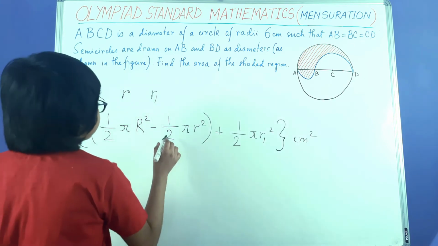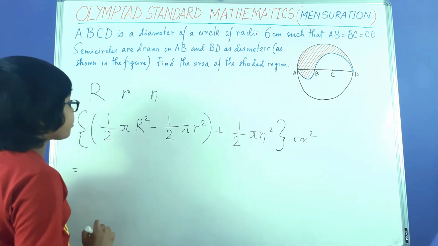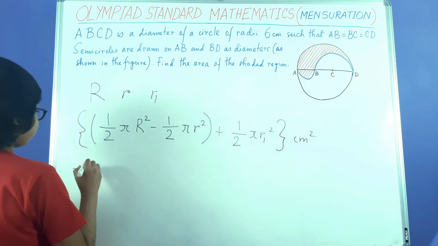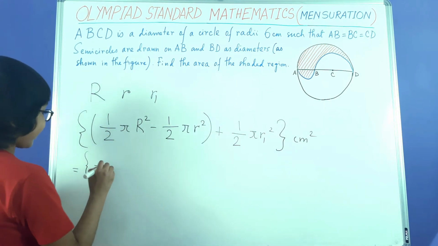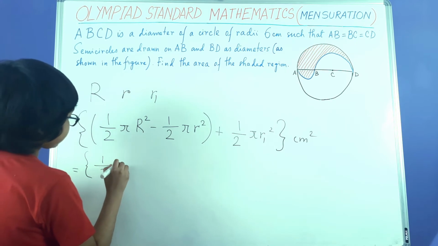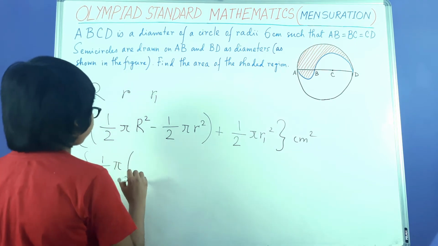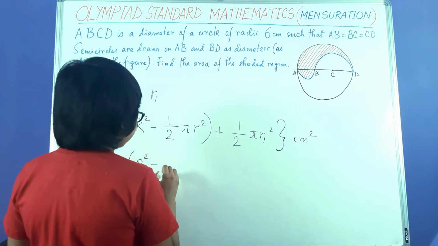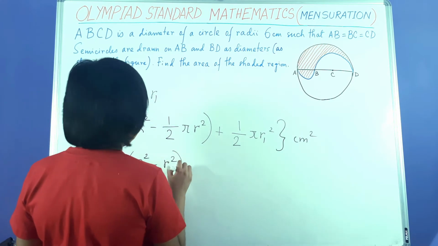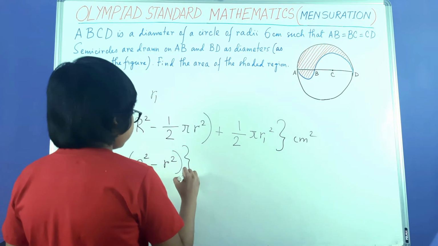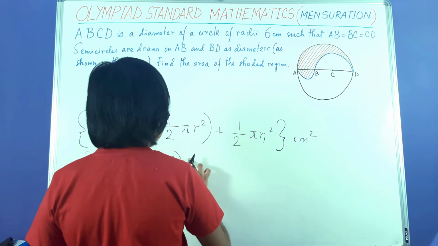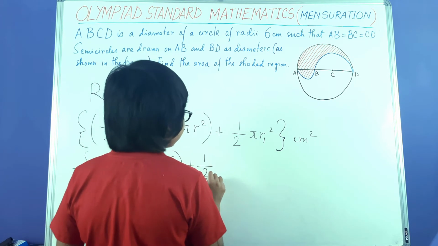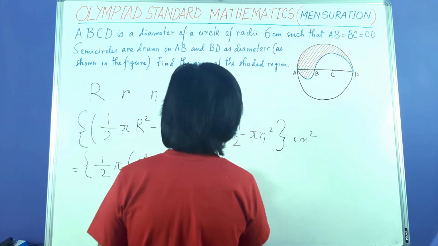Now we can take something common here, half pi. I'm taking half pi as common, and in the bracket we're left with capital R squared minus small r squared, plus half pi R1 squared.